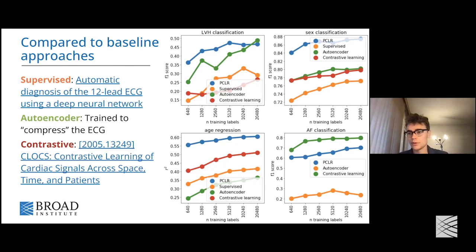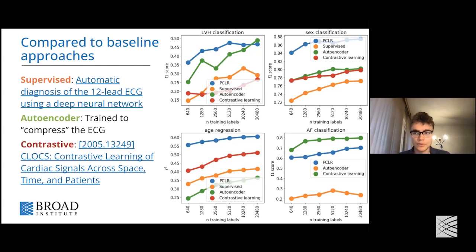And then we use the layer before the classification layer to get representations of each ECG. This would be akin to using the representations from a model trained to classify ImageNet images.